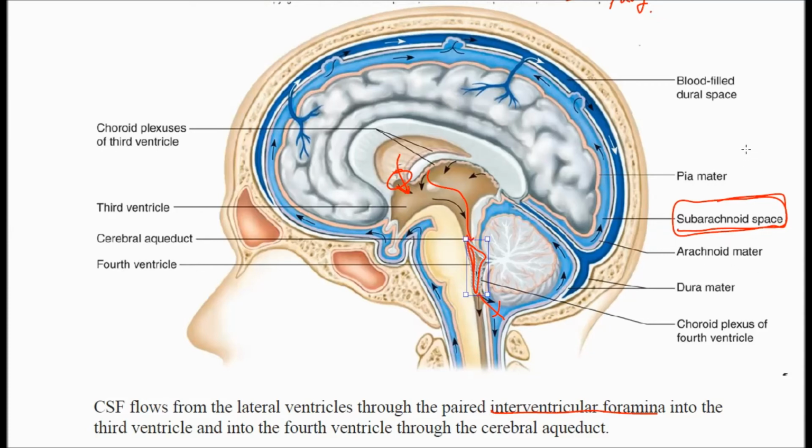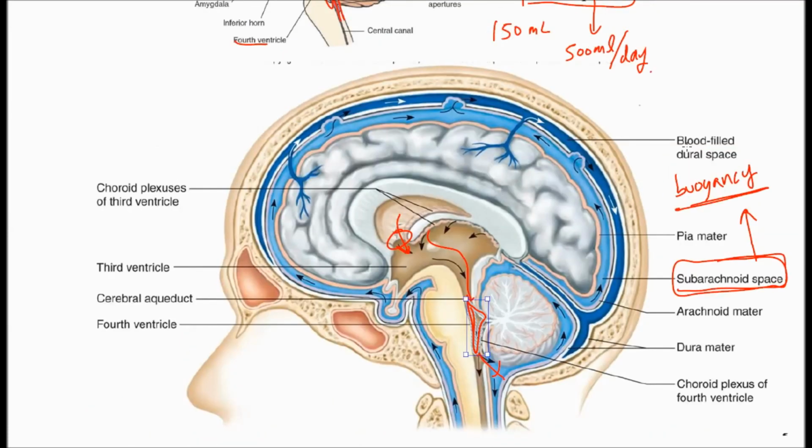And it literally gives buoyancy to the brain structure. It's so powerful that the average weight of the brain is about 1.5 kilos, but due to this buoyancy, the weight is reduced to 50 grams. This is critical because if you don't have this buoyancy, all the neural structures that sit at the bottom will be crushed by the weight of the structures above, causing ischemic damage.